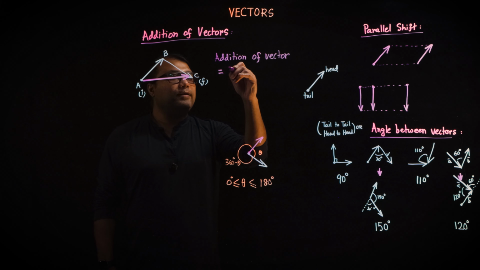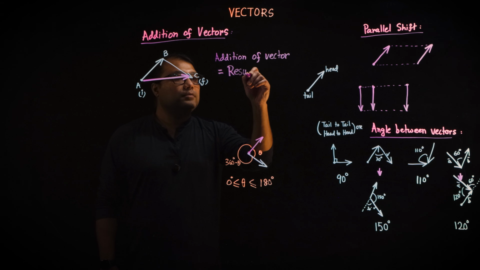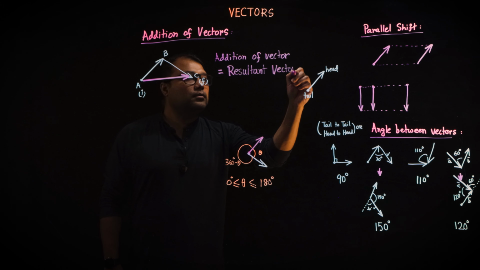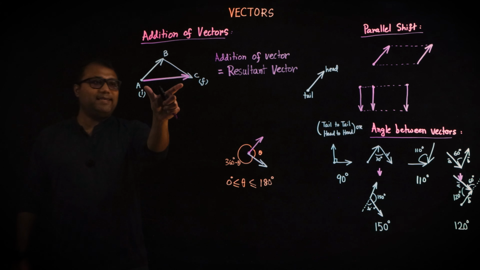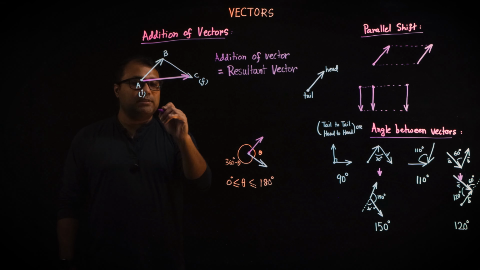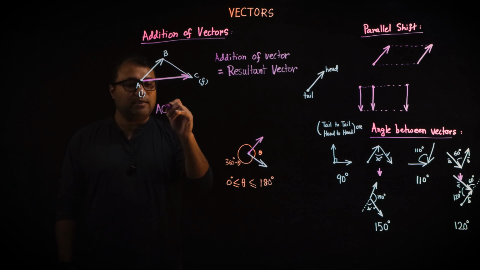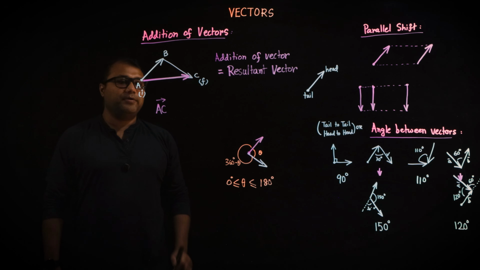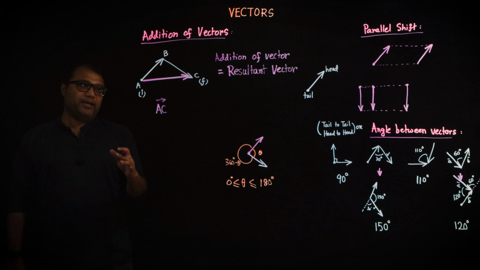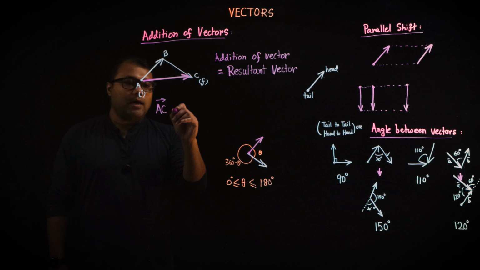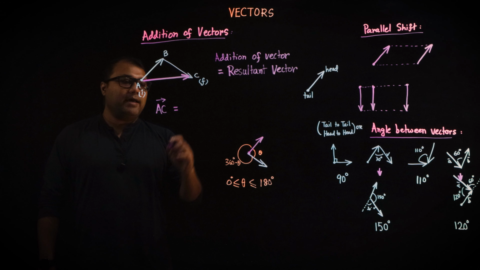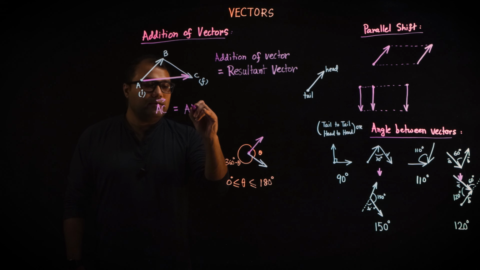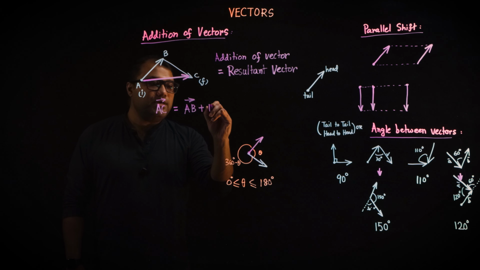It is called a resultant vector. So the AC vector can be represented as this as well. AC with the arrow on top of it is the resultant vector. And how did we get the resultant vector? I added AB, which is one vector, and I added BC, which is the other vector.